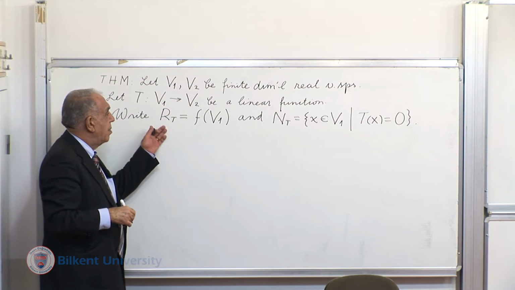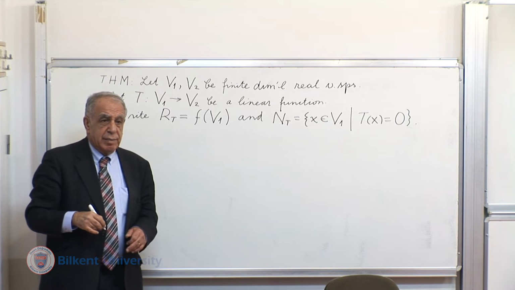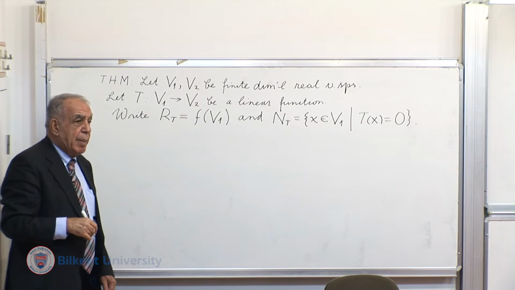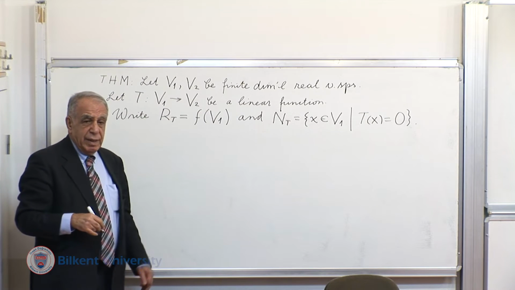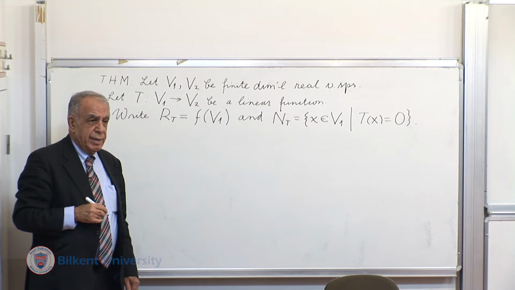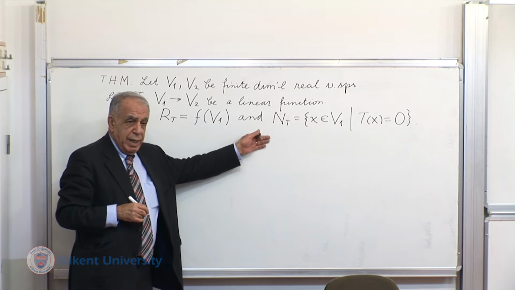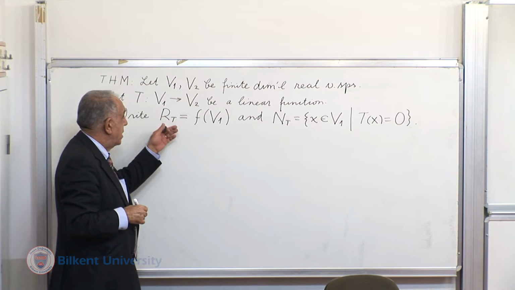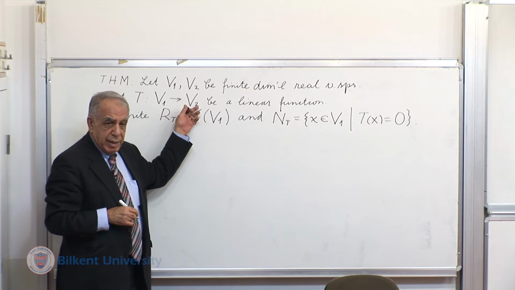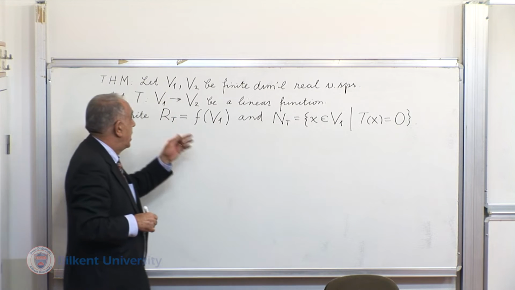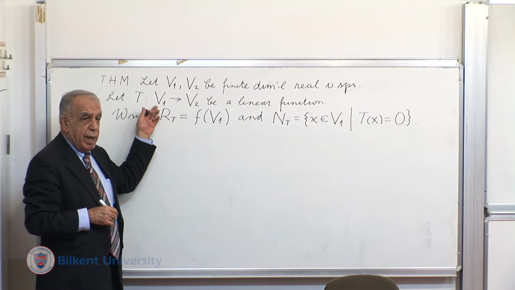What can we tell about R sub T and N sub T? Will they be subspaces of V1 and V2 respectively? Now, they will both be subspaces. R sub T will be a subspace of V2, N sub T will be a subspace of V1.